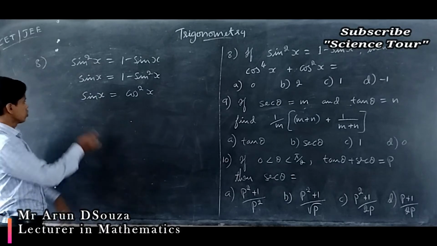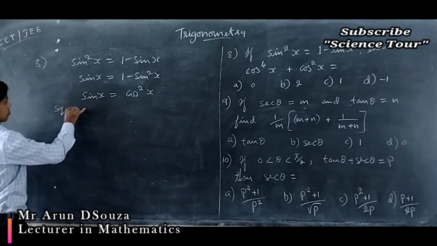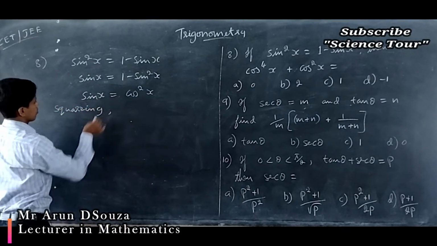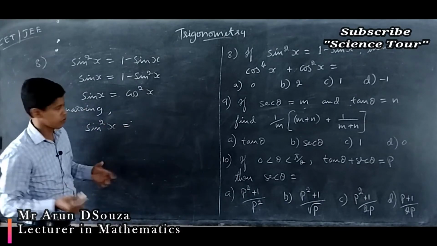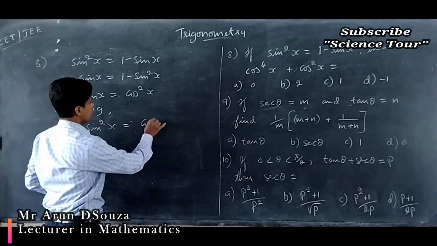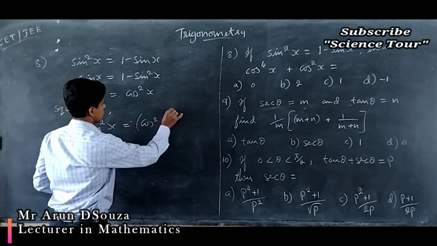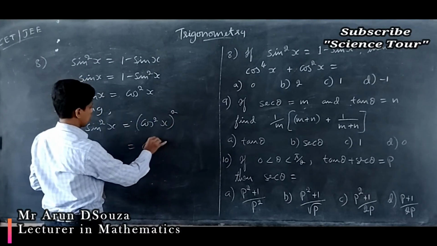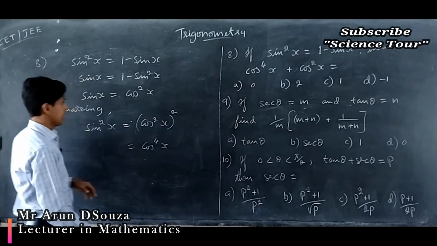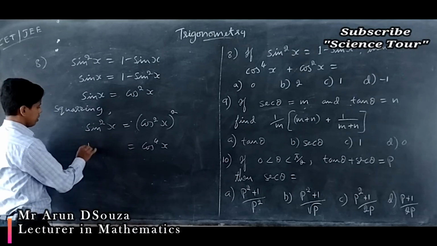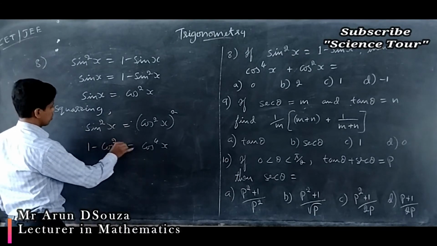So squaring both sides, what do you get? Sine square, obviously, and this is (cos square) whole square. So that is cos to the power 4. See, you got cos to the power 4, right? And then what is sine square? 1 minus cos square.